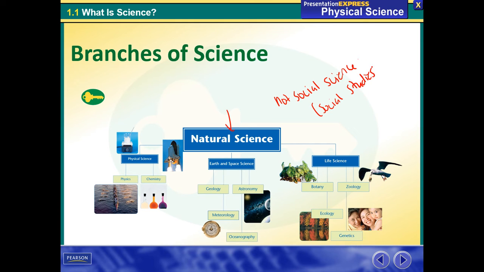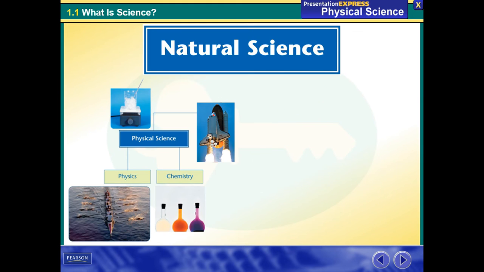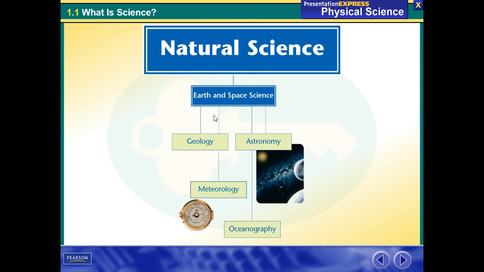We won't be talking about any of that, but more of natural science. This includes 3 categories. The first one is physical science. This is chemistry and physics. In this class, this is called physical science, and we will talk about chemistry first semester, and we'll get into physics towards the end of first, early second semester.